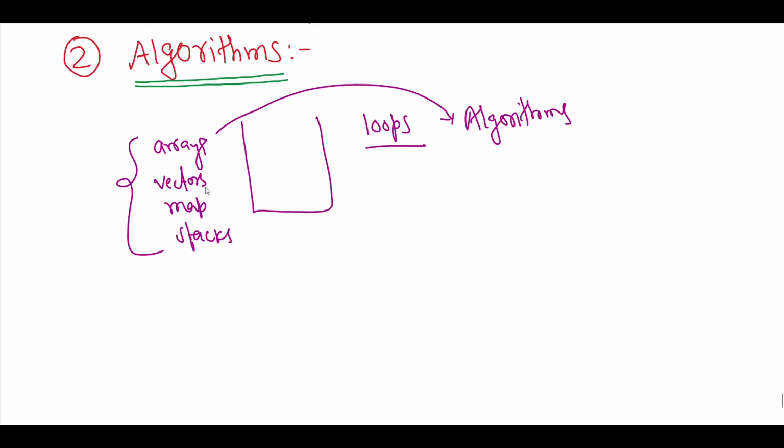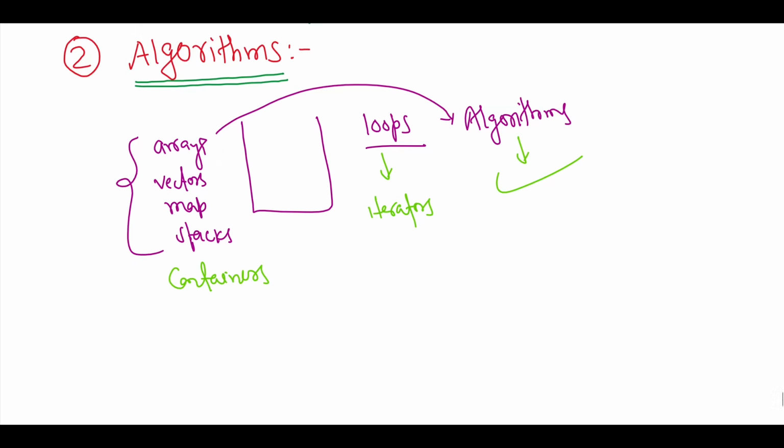So these are the three parts of the STL library. These are called containers, these are called iterators, and you already know that these are called algorithms. And you can use these algorithms on either one container or many containers, right?